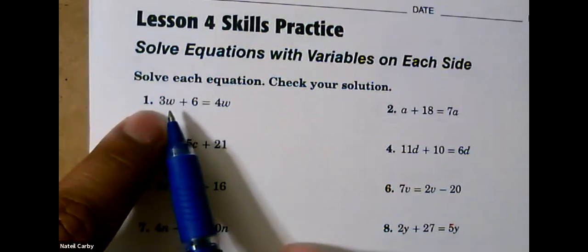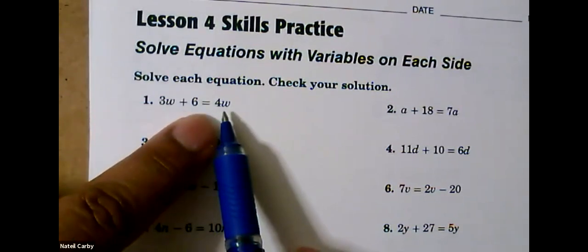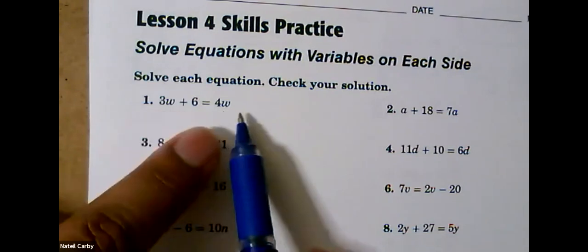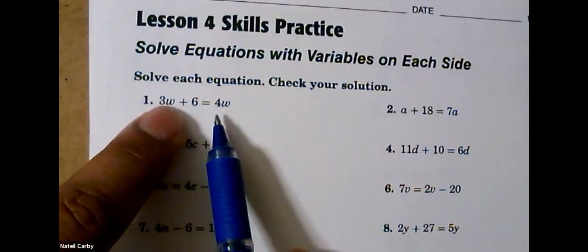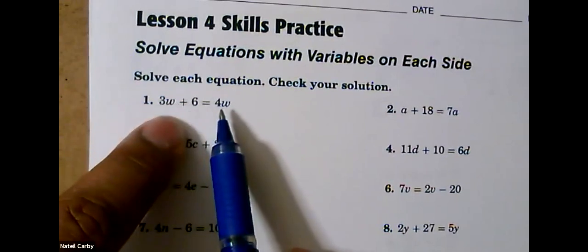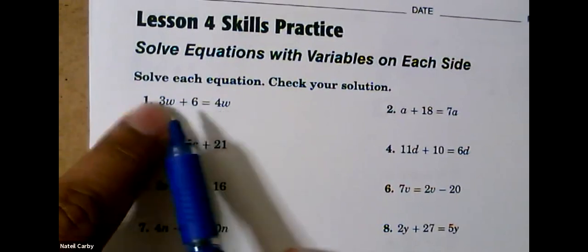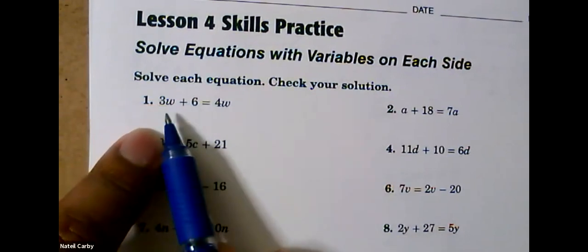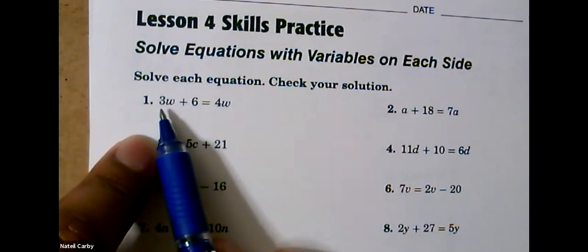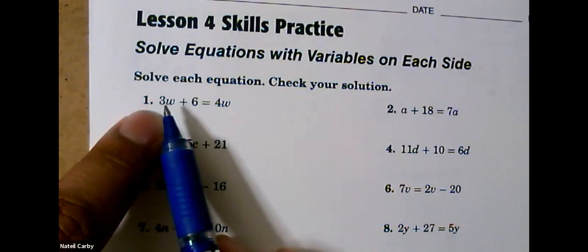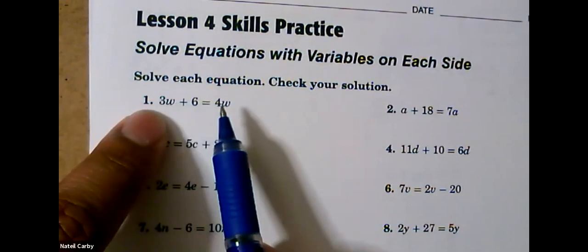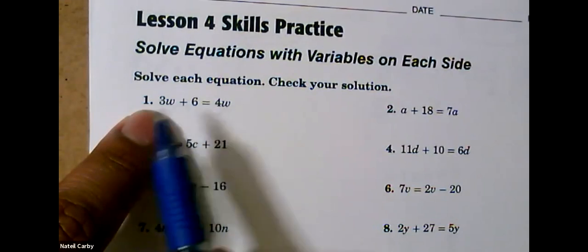I'm going to move my 3W over here where my 4W is, again because it just makes the work a lot easier. So how do you move it? You do the opposite, or the inverse operation, of whatever it is. The 3W is positive, so we're going to subtract 3W on the left, and we're going to subtract 3W on the right here.